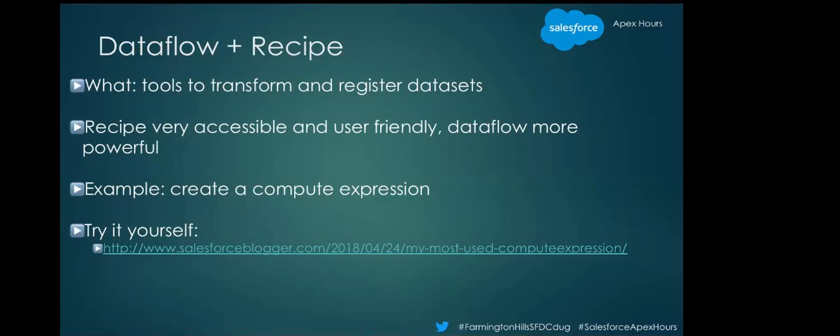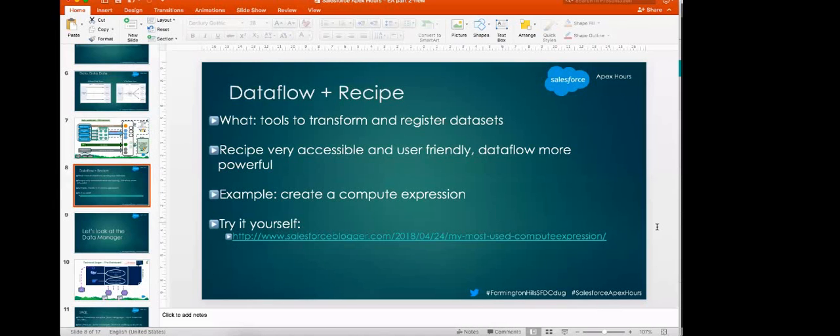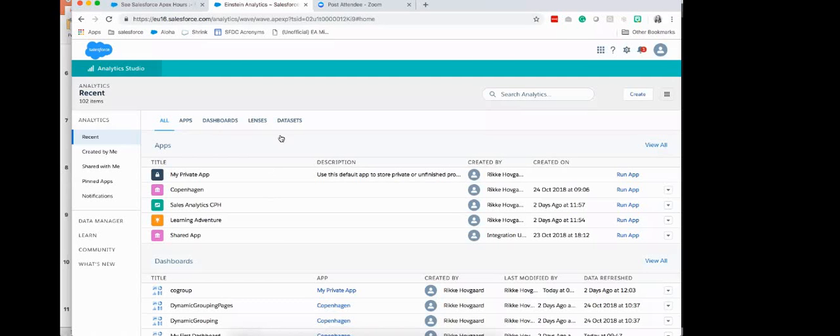With the data flow it becomes a little more like, where do I look and what does everything mean? So I decided to spend some time on that instead. Just as last week, I tried to put in some references, so if you want to try out what I am going to show, here's a link for you to try that out. But let's go into Einstein Analytics.